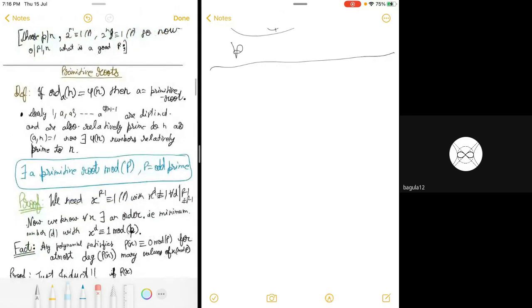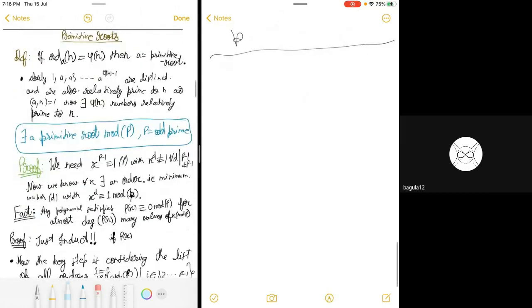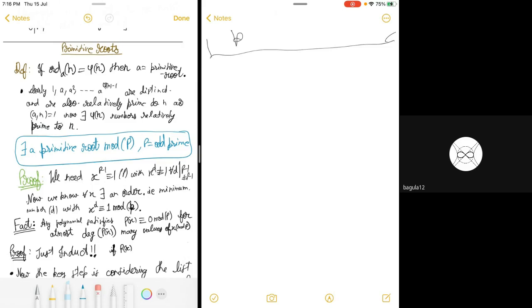So now the basic theory of orders is done. Now we move on to primitive roots. We know that the order of a modulo n divides phi of n. This is by Euler's theorem, because a to the phi of n is congruent to 1 modulo n.